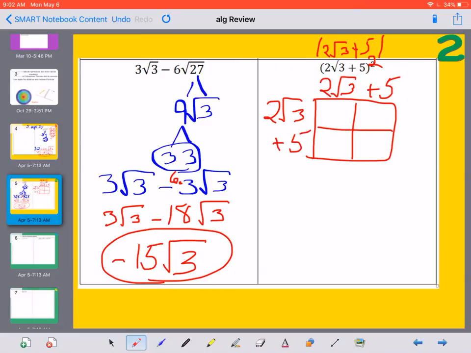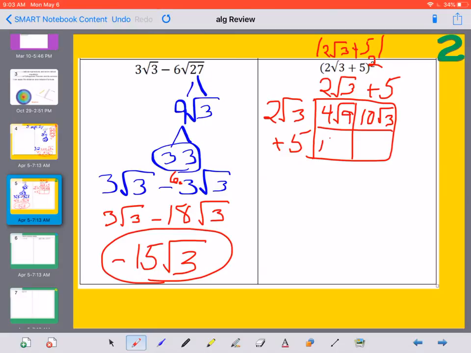So if I multiply these out, 2 times 2 is 4. The square root of 3 times the square root of 3 is the square root of 9. 2 times 5 is 10. And then I don't have any square roots, so I'm going to say the square root of 3. Keep that the same. Same thing down here.